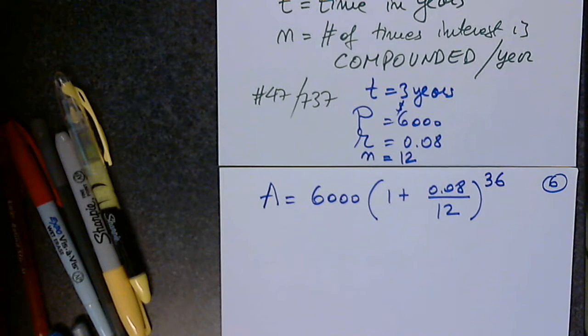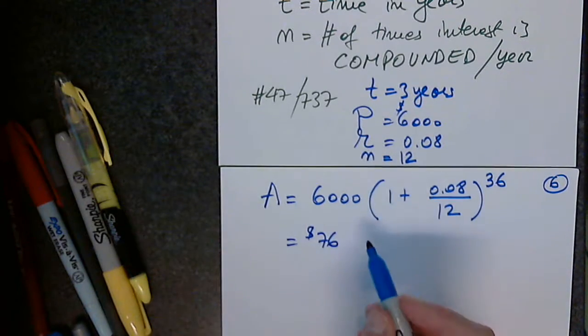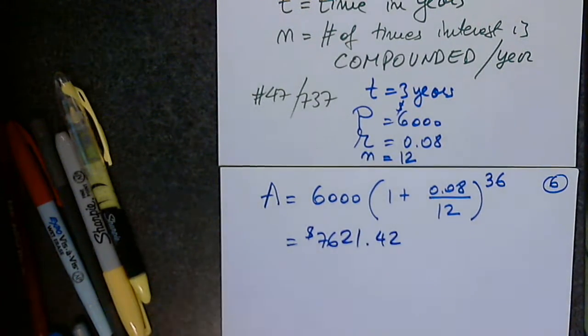So let's go to 6,000, in parentheses 1 plus 0.08 divided by 12, close the parenthesis, caret, which is the power, and in parentheses, 36. And press enter. So at the end of 3 years, if she borrows $6,000 today at 8% per year, compounded 12 times a year, she will have to return how much? $7,621.42.